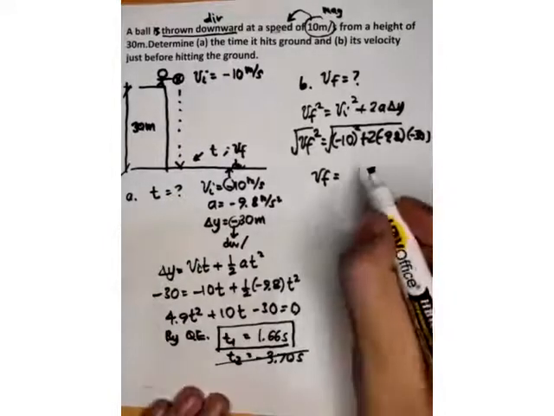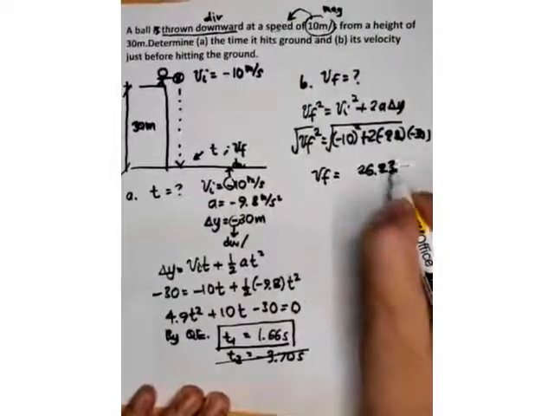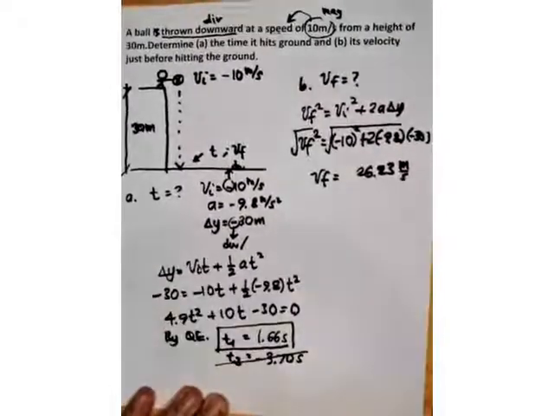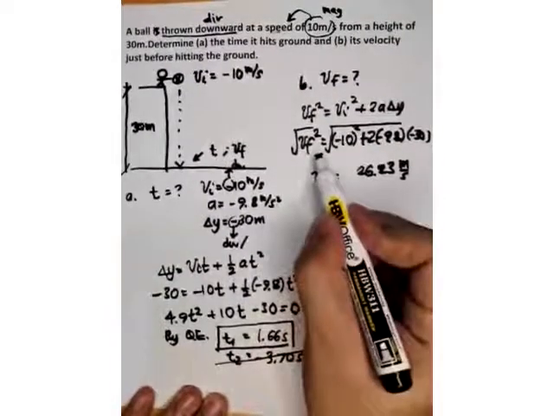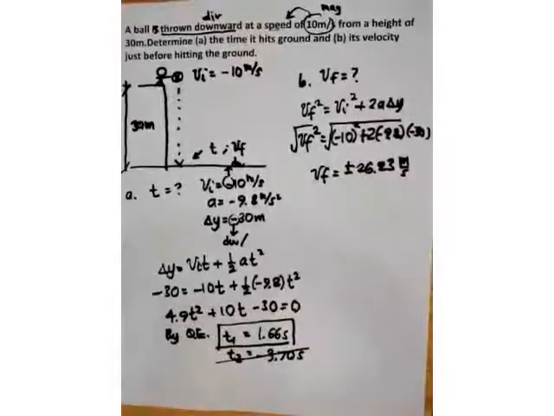Okay, so it's 26.23 meters per second. So remember, ulitin ko, pag ginamit nyo to, ang sagot ay laging dalawa, plus positive negative. Ano yung tamang sagot?